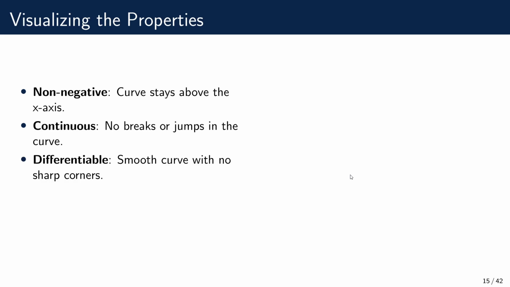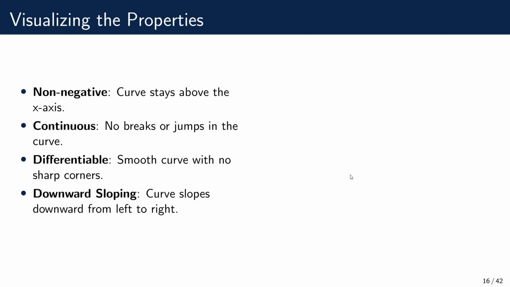Differentiable means a smooth curve with no sharp corners. No jumps, no sharp corners. And the last is the downward sloping curve, that is, the curve slopes downward from left to right.